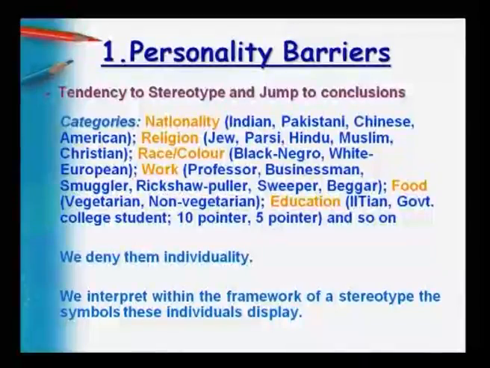What do we do when we stereotype? What we do is actually we deny them individuality. People are different, people have unique qualities, unique characteristics, irrespective of the fact that they belong to your religion, your race, your nationality, or come from a particular social, educational, cultural background.